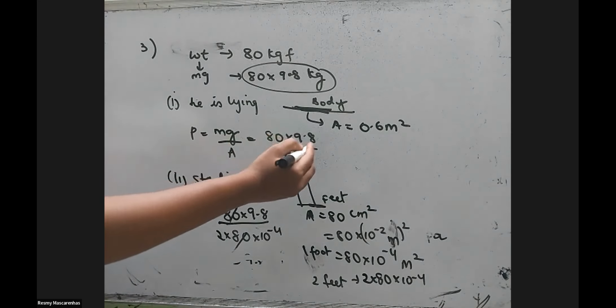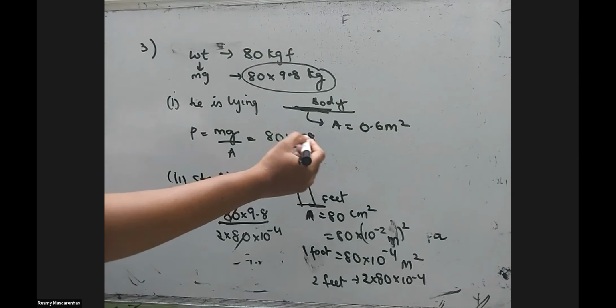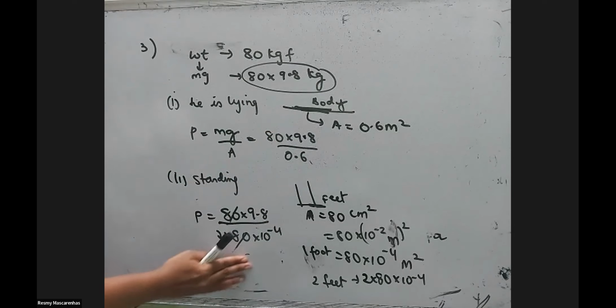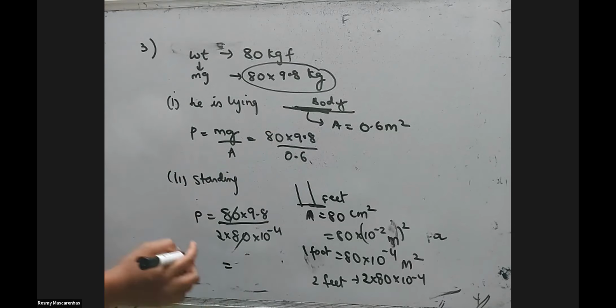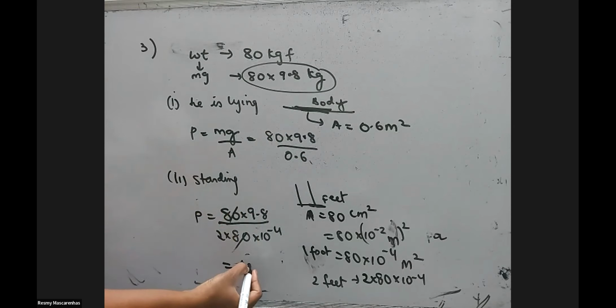If 9.8 may not give the correct value, you can use 9.8 or 10 also. This will be 9.8, so it will be 4.9. Then this will go up.